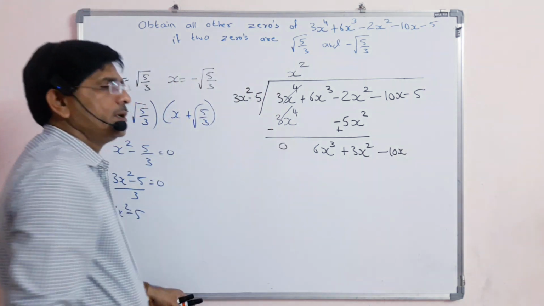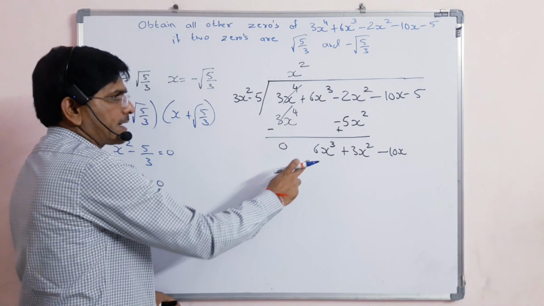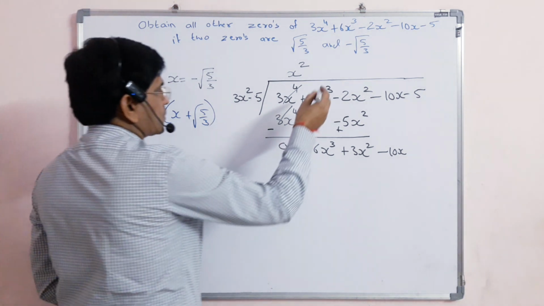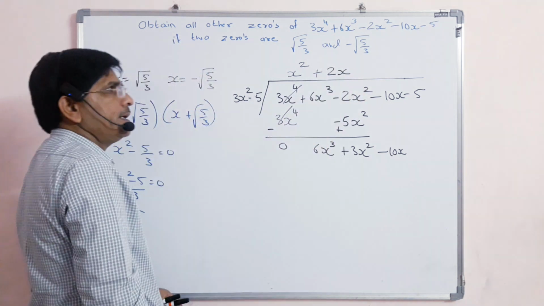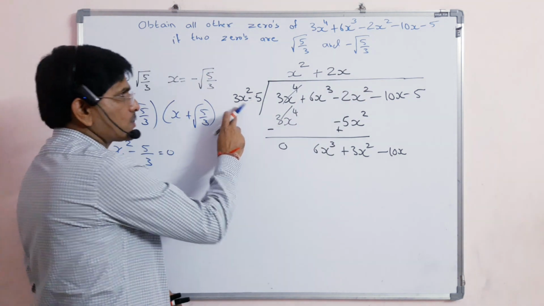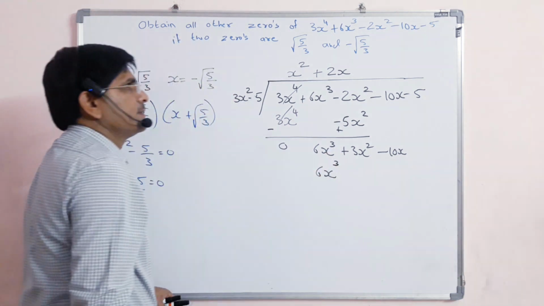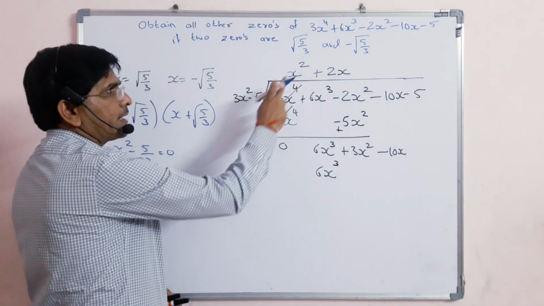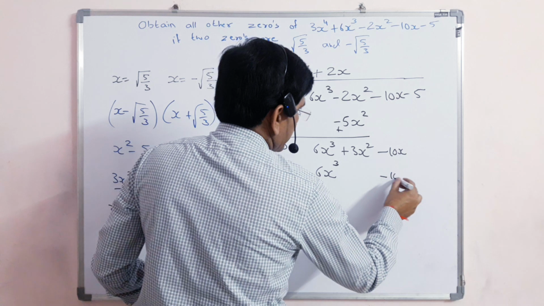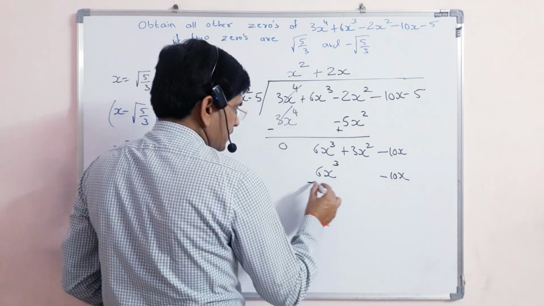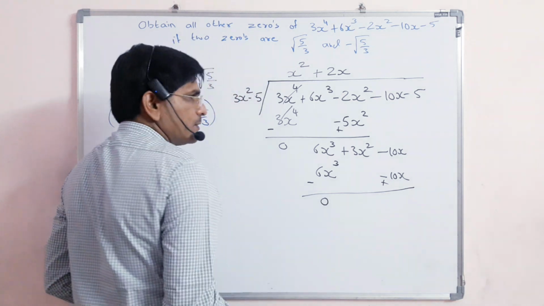Again, 6x³ divided by 3x² gives the answer 2x. Again, 2x multiplied by 3x² gives 6x³, and 2x multiplied by −5 gives −10x. Now change the sign, and here we get 0.